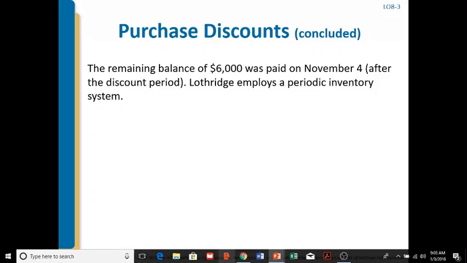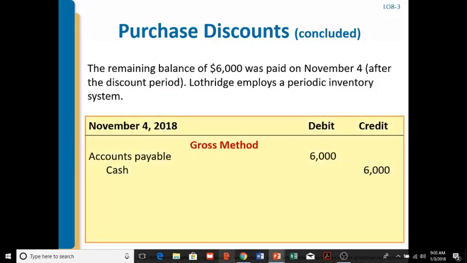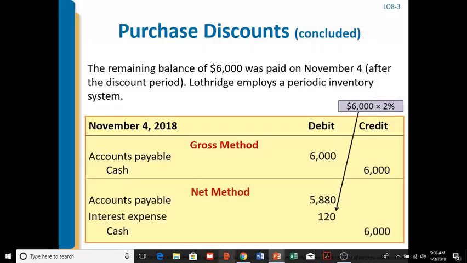Now in this case, where you have part of the balance being paid outside of the discount date, with the gross method, you're simply going to record accounts payable and cash.